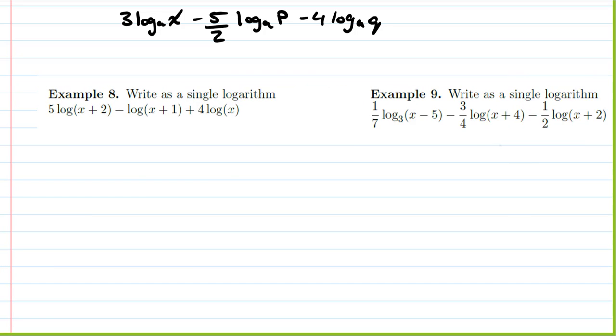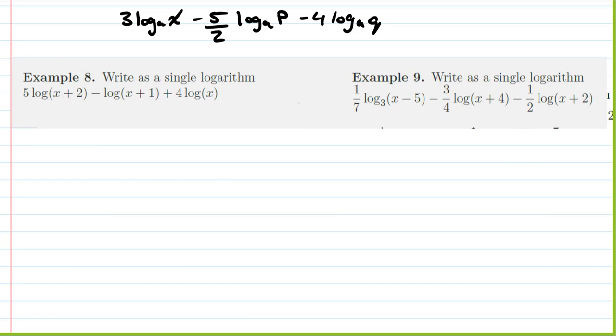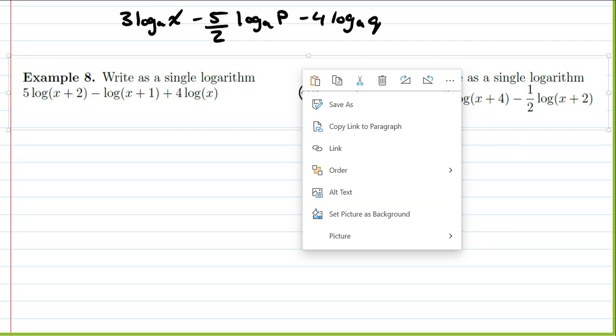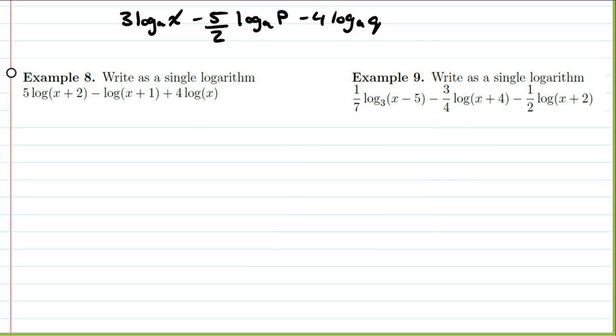All right, let's take a look at our next examples. So we're going to switch gears here. For the first several examples, we were taking things that were one logarithm and making them into many logarithms. Well, anytime we learn to do something in math, we also need to know how to invert it or undo it.